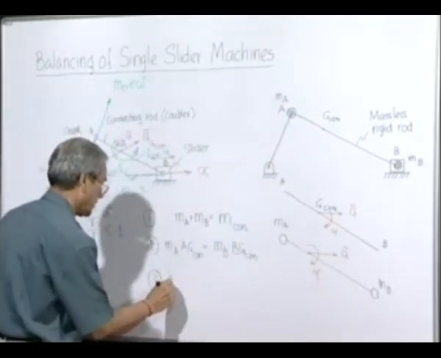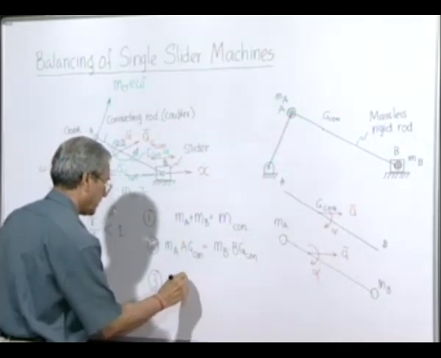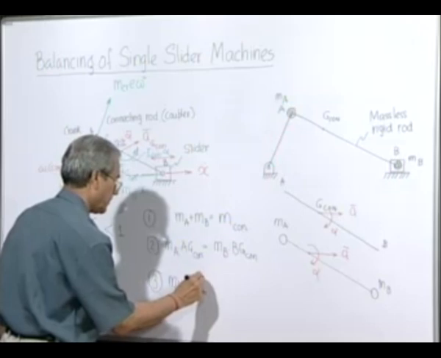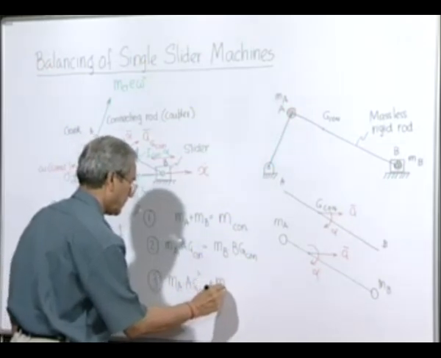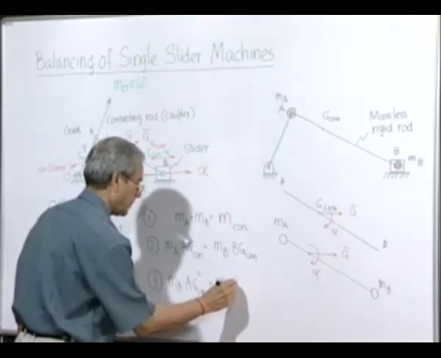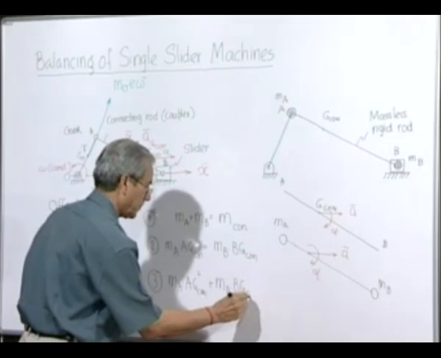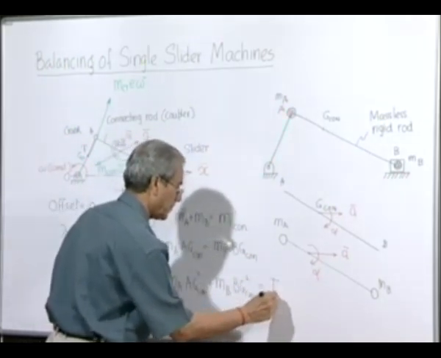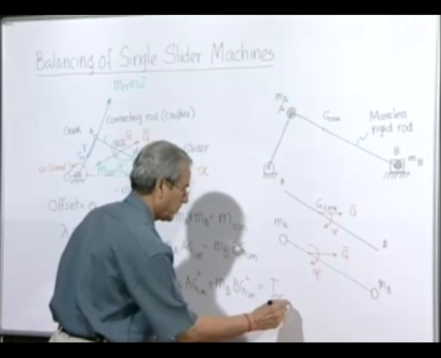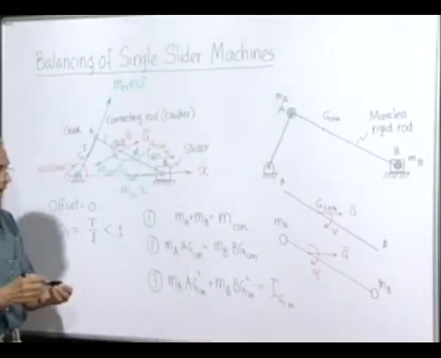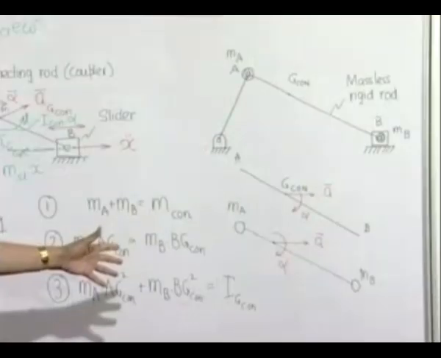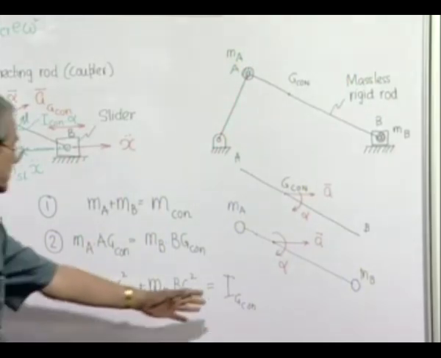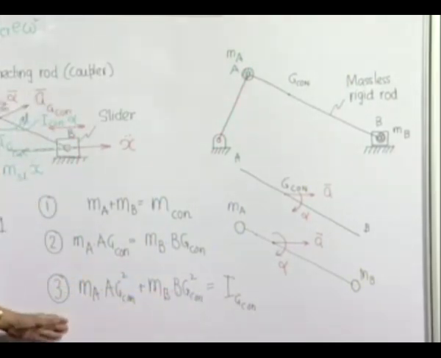That is, if I G connecting is the moment of inertia about the center of mass of the original connecting rod, it must be equal to this.